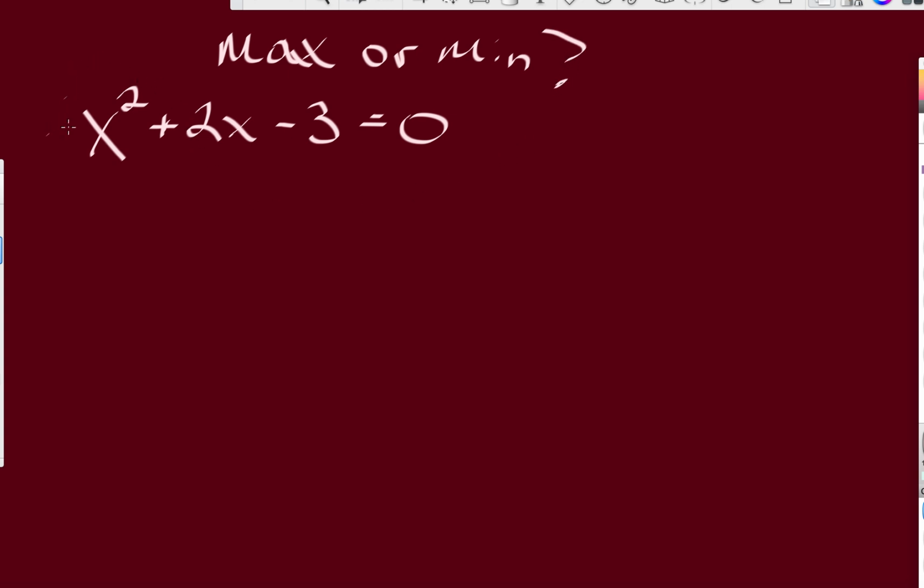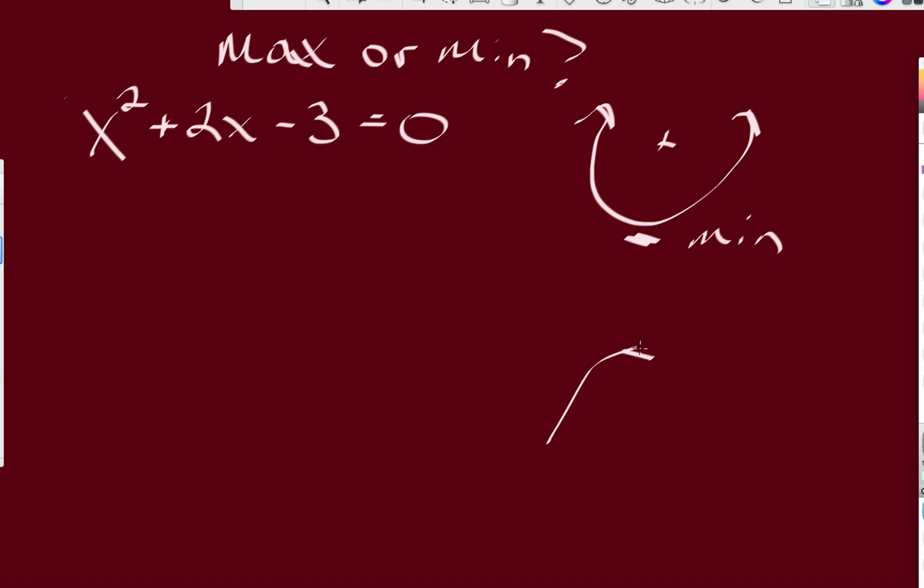Well, look at this sign up here. If it's positive, it has a minimum. If it's negative, it has a maximum. Remember, positive, smiley face, points upward, it has a minimum. Right? So positive, min.